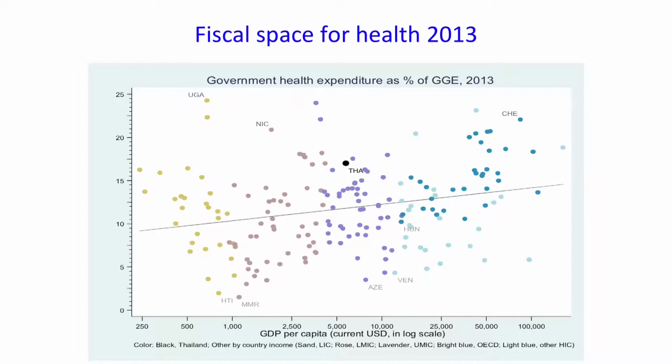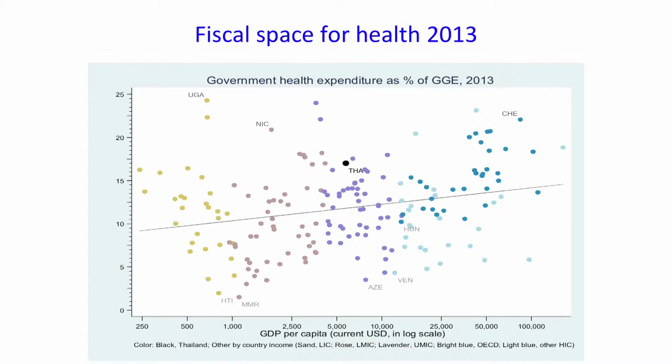Next, moving to fiscal space for health in cross-section in 2013. Fiscal space for health, measured by general government health expenditure as percent of general government expenditure, GGE, was above average compared with countries having similar GDP per capita.